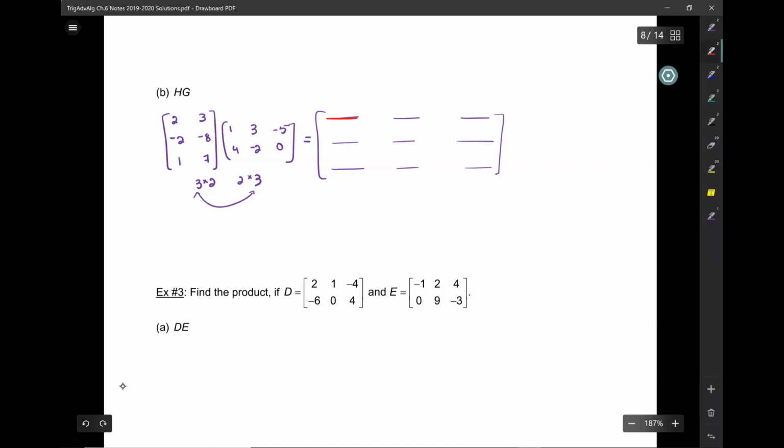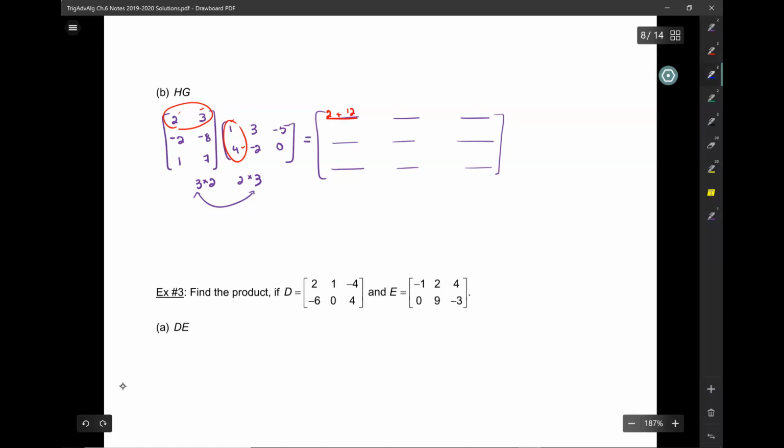Row 1, column 1. So always check how many in row 1, 2. How many in column 1, 2. Okay? First one with the first one, 2 times 1 is 2. Plus 3 times 4 is 12.